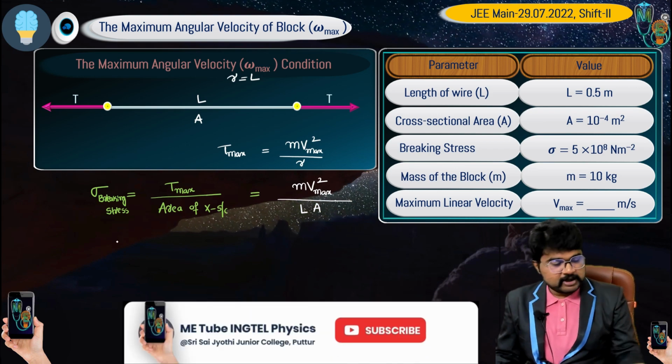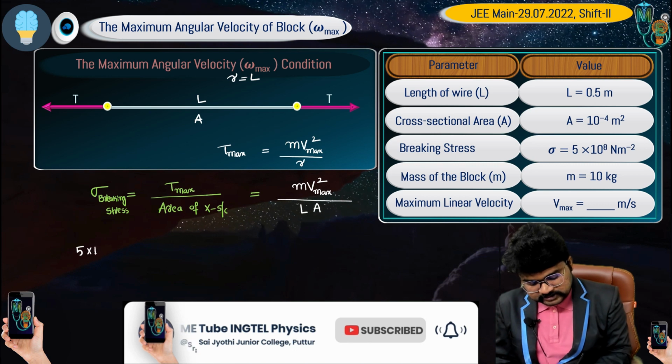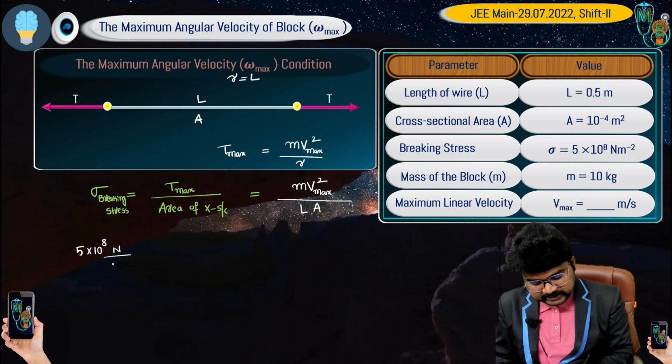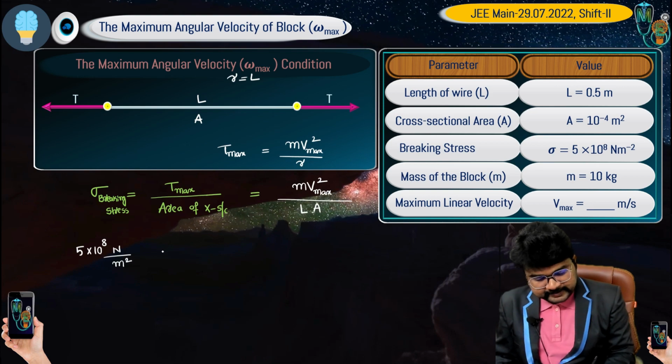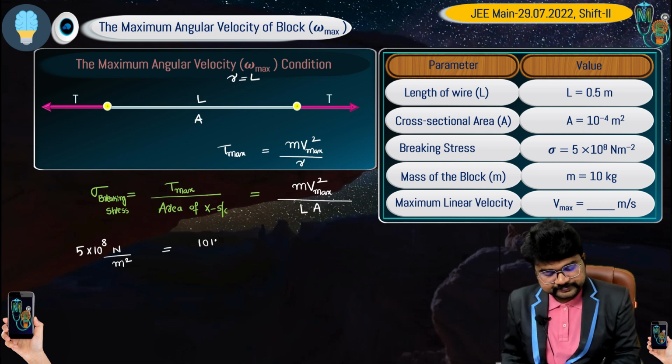How much is the breaking stress given? 5 into 10 to the power of 8 Newton per meter square. The mass of the block, 10 kg, is given.